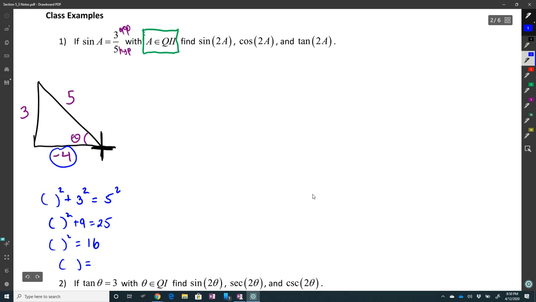The value I'm looking for is plus or minus 4. It can only be one of them, and because of the position, I know it has to be the negative version. So I'm going to get rid of the positive one. It has to be -4 because you're in quadrant 2.